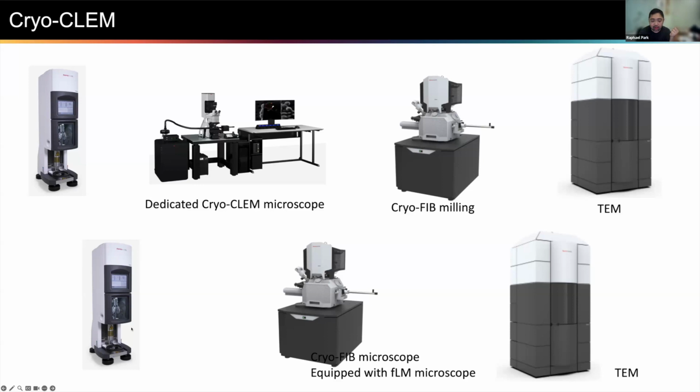So once you have your sample prepared, it can go directly into the FIB milling microscope, do the fluorescent imaging and correlation and milling all at the same time, and then that sample goes into the microscope. The way I presented it makes the first pipeline probably more laborious and long compared to the second workflow. It is partly true, but each method actually has its own advantages and disadvantages.